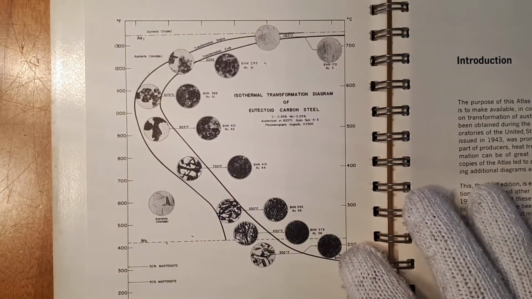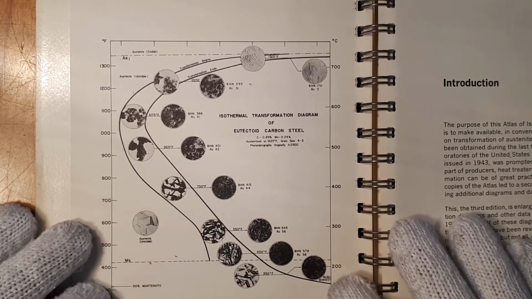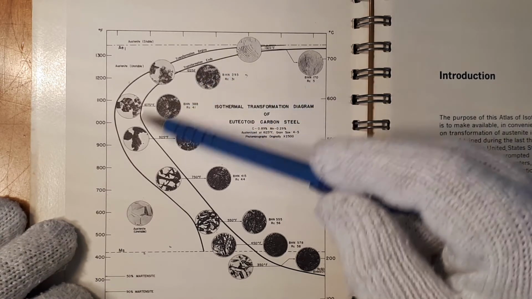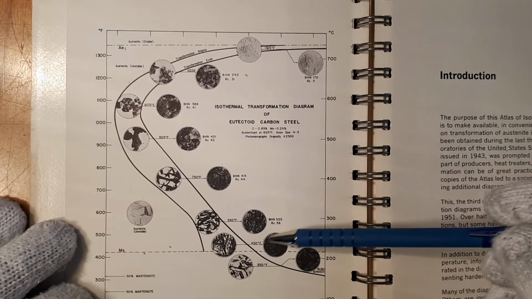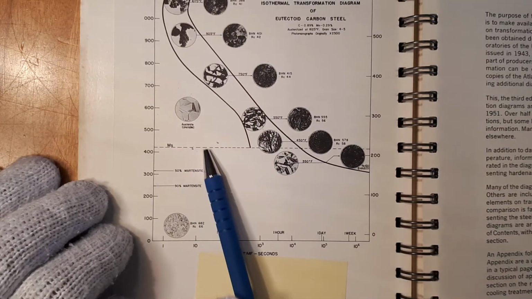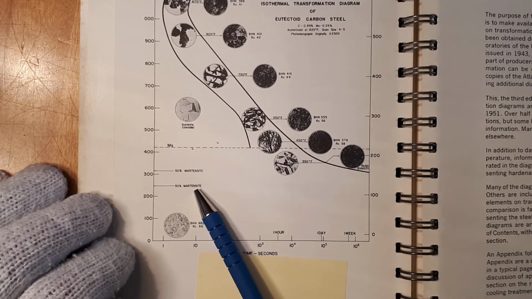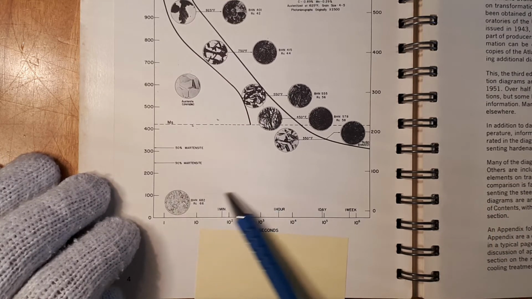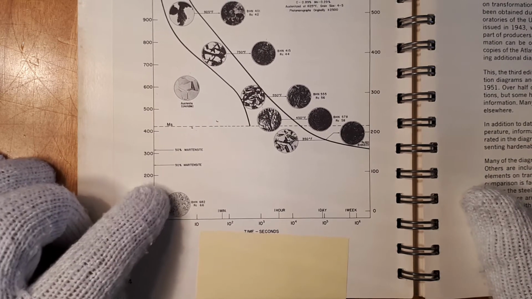So all these IT diagrams are perfectly valid from the time they were made for that particular metal. Here's a similar curve. And this time all the various microstructures that one would see under a microscope are shown here. Again, we have the martensite start, 50%, and 90% range. You won't see complete martensite, typically. That is left for us to do.